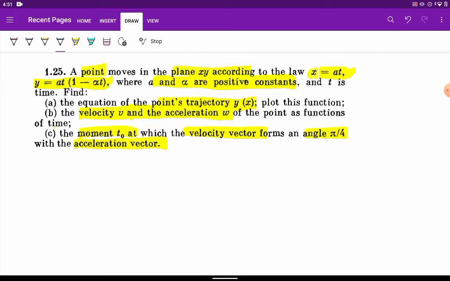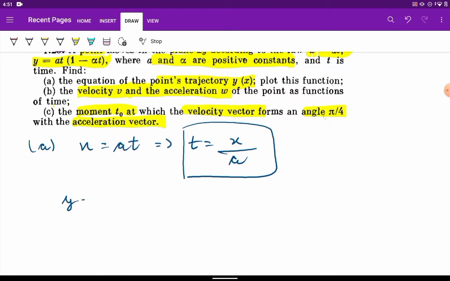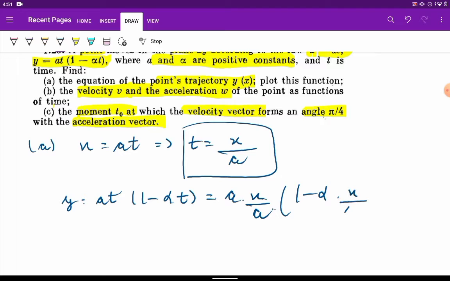Okay, fine. This is very similar to problem 1.24. So we take part A. We know x is equal to at. This means t is equal to x divided by a. Now we know y is equal to at times 1 minus alpha t. Now substitute t in terms of x. That gives me a into x by a into 1 minus alpha x by a.